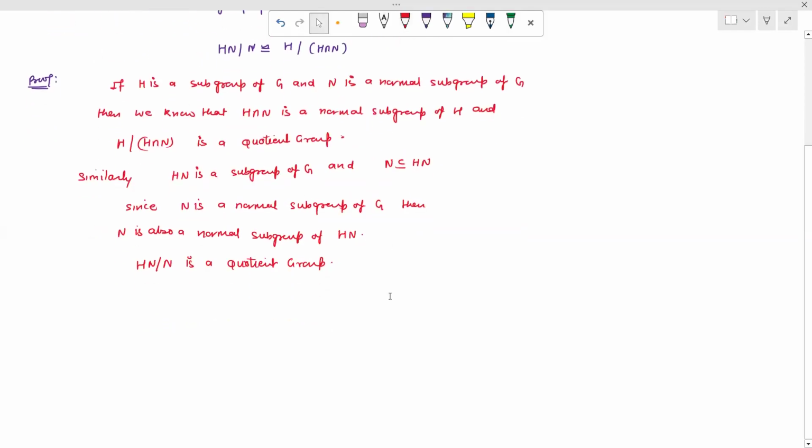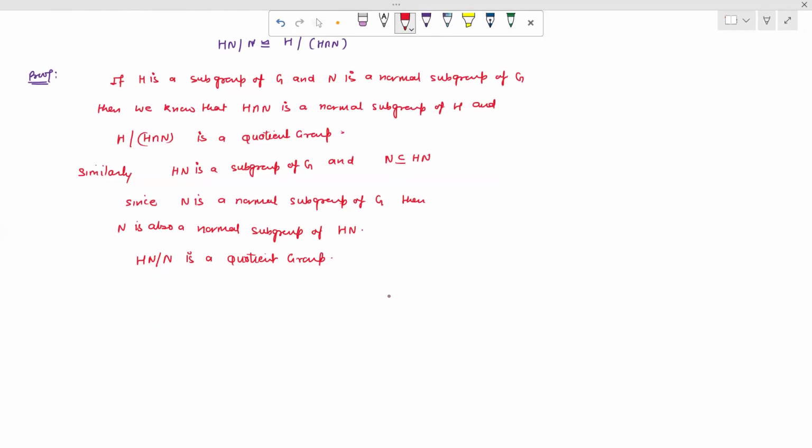So after defining these things, we now define a function phi from H to HN over N. By setting, we define the function phi of x is equal to Nx, where x belongs to H. So this function we have defined.